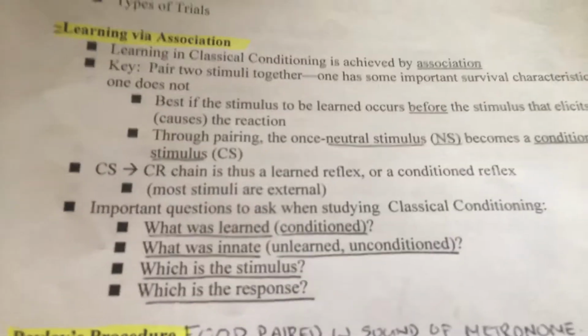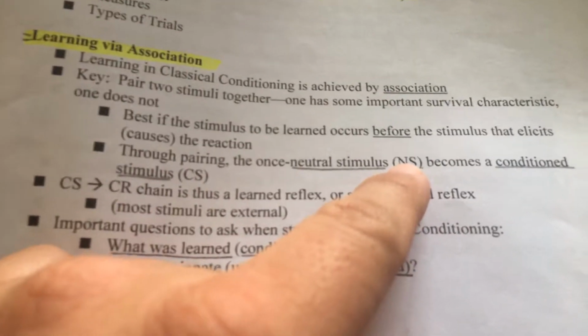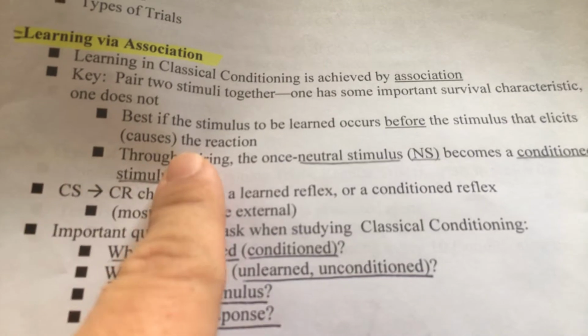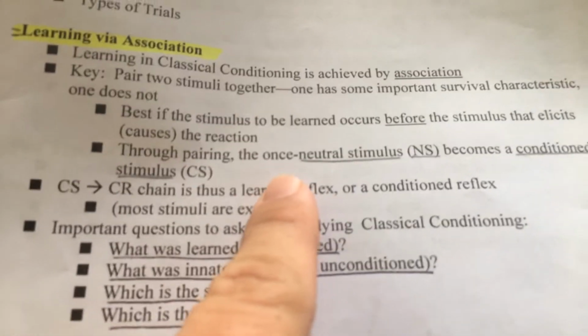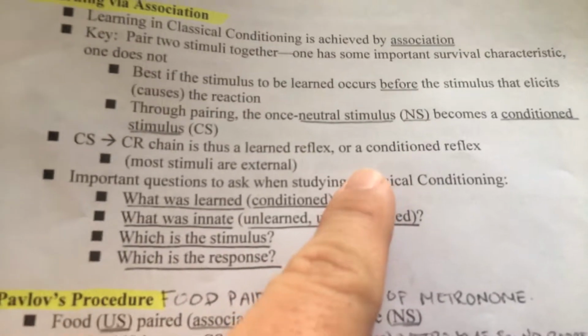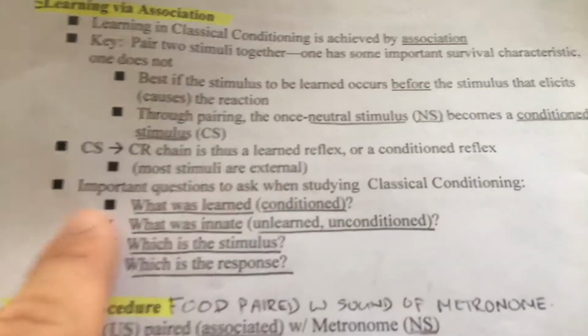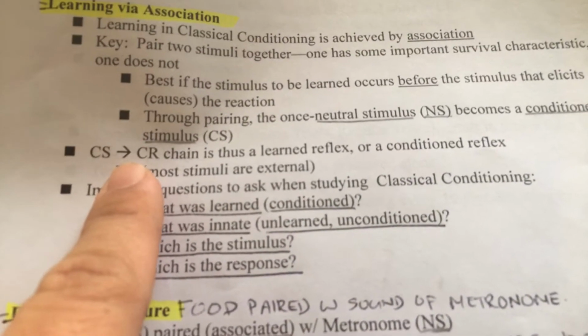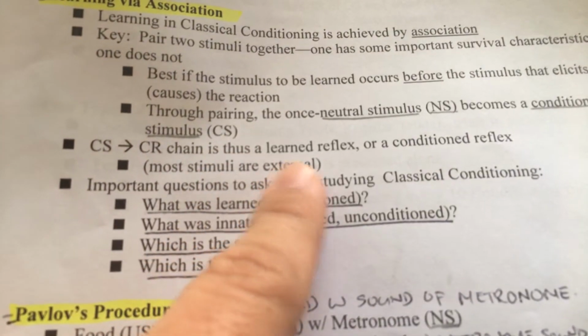It is best that the stimulus to be learned occurs before the stimulus that elicits the reaction. Through pairing, the once neutral stimulus becomes a conditioned stimulus. Conditioned stimulus and conditioned response chain is thus a learned reflex or a conditioned reflex.